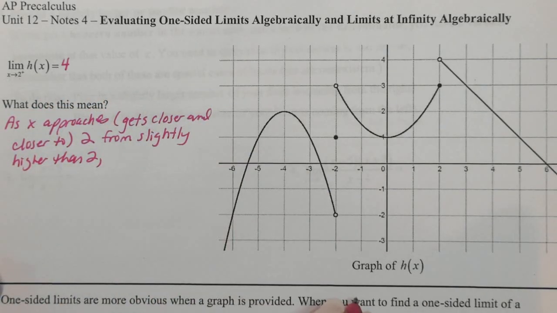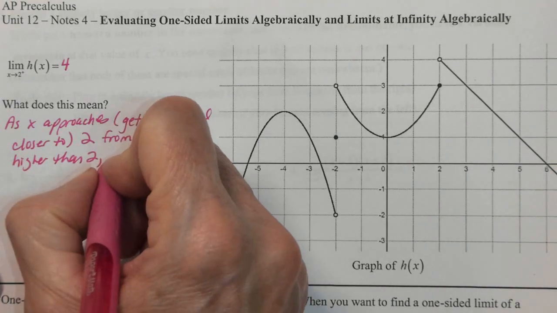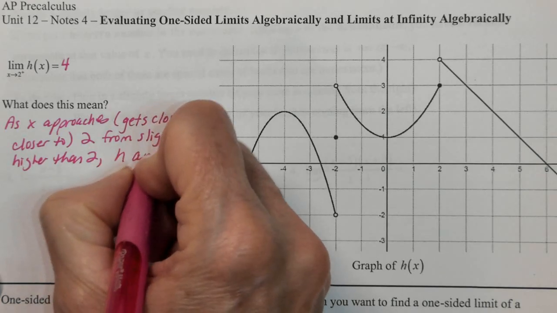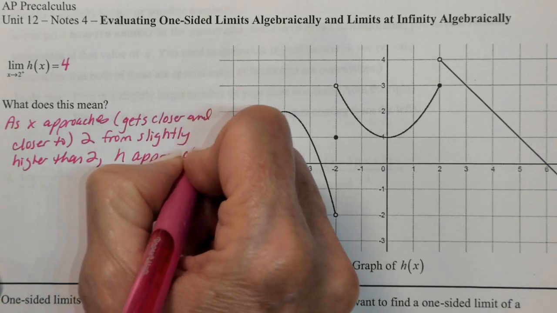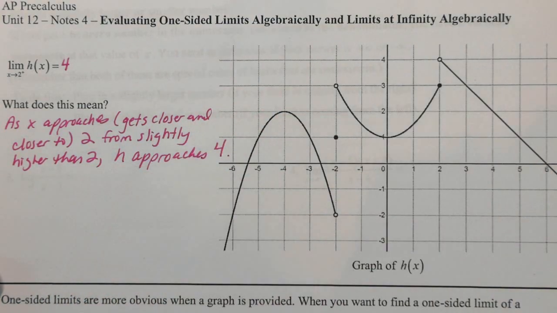So as x approaches 2 from slightly higher than 2, h approaches 4. That's what it means, okay?